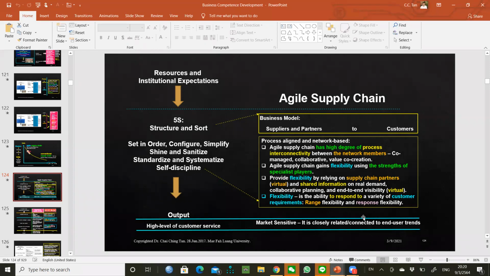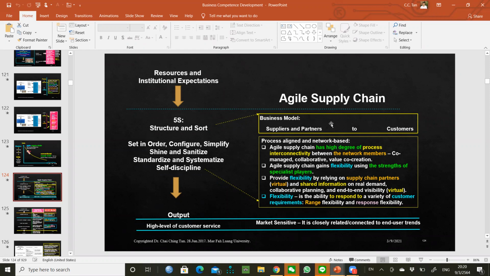And there is a range of flexibility: how flexible you are in terms of volume, how flexible you are in terms of your timing and responsiveness, and how flexible you are in terms of different varieties of products. So we're talking about all kinds of range and response flexibilities and things like that.